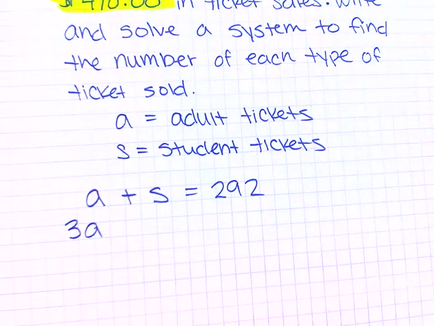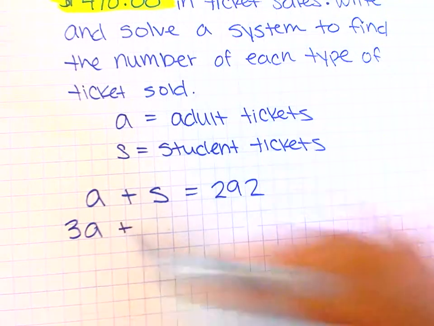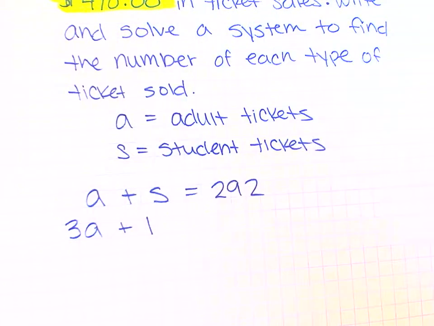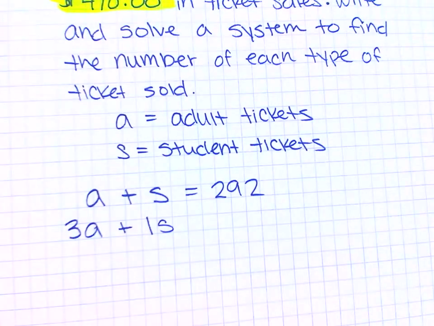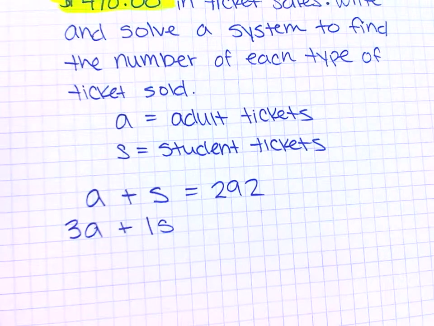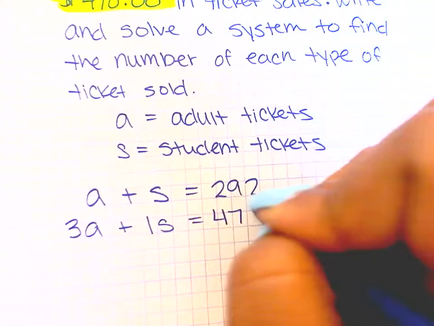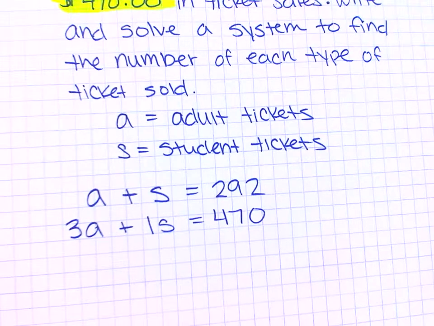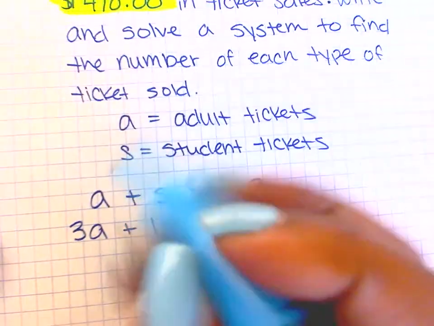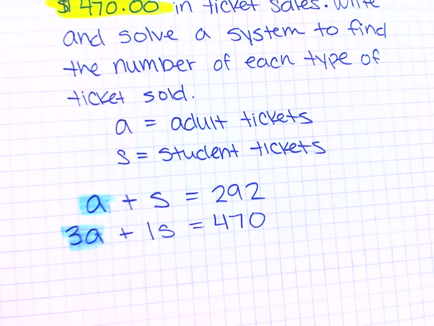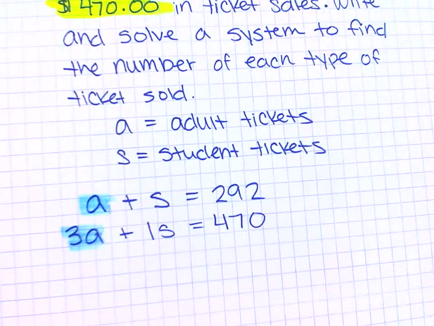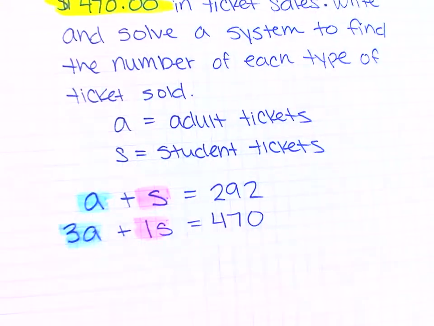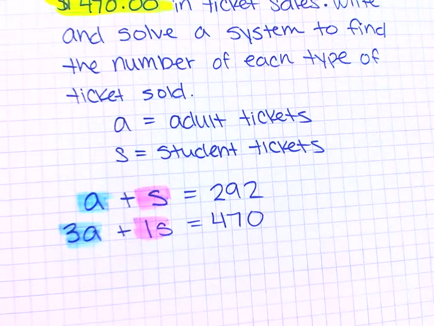And my student tickets cost $1 each. So 3A plus 1S equals 470. Again, I took my adult tickets plus my student tickets to get the total amount of tickets sold.